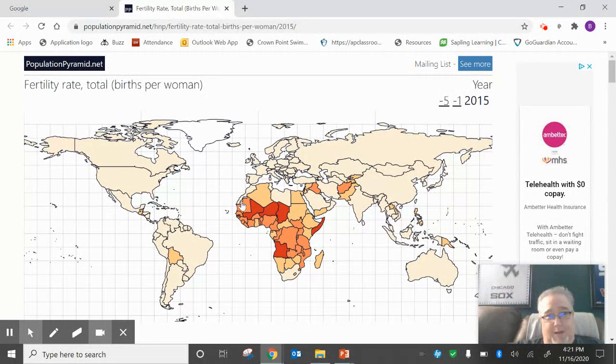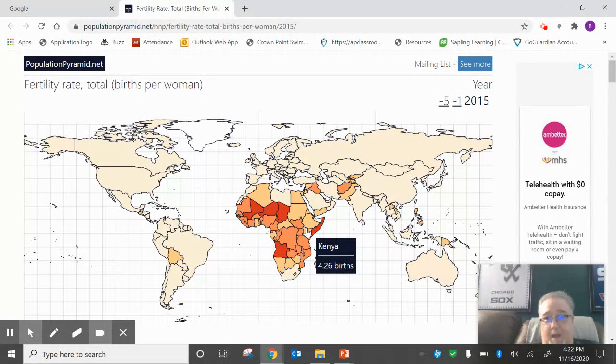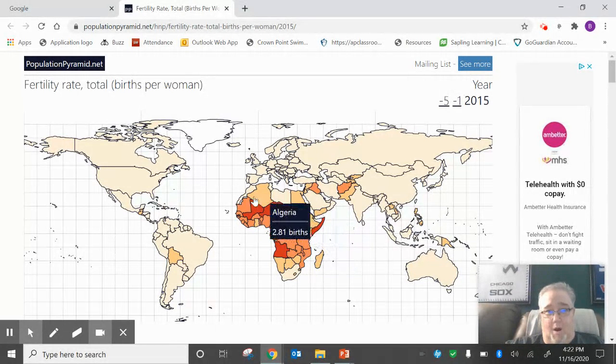But when you get to some of these countries, I mean, Mali 6.1, Niger 7.5. Some of these fertility rates are just crazy high, right? I mean, these are all developing countries.